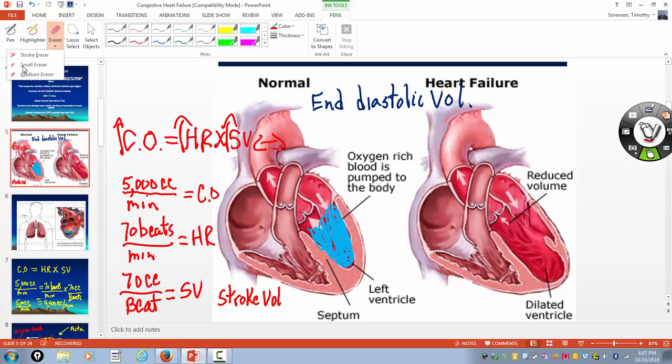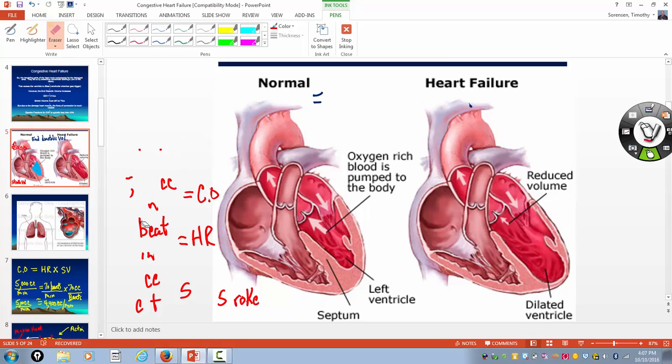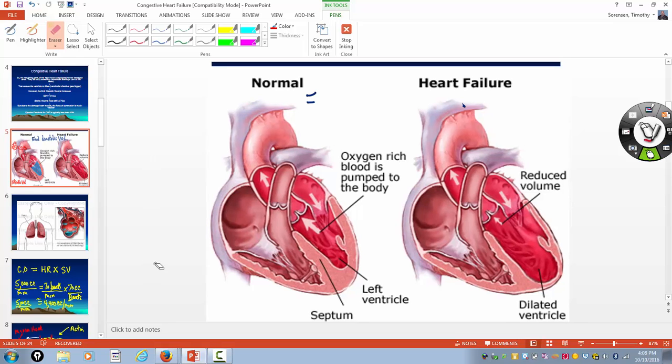Now, let's look at some of these volumes, and from a clinical perspective, these are important. We talked about the end diastolic volume. The end diastolic volume is the amount of blood in the left ventricle before it contracts at the end of diastole.